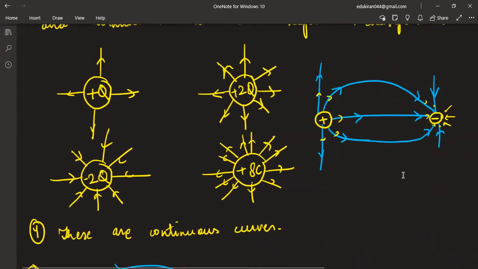Electric field lines are important from your NEET point of view. More than your board exams, more than your JEE exams, this is an important topic for NEET. Because figures will be given to you. Always remember, for positive charges, electric field lines move away, and for negative charges, electric field lines move towards the charge.